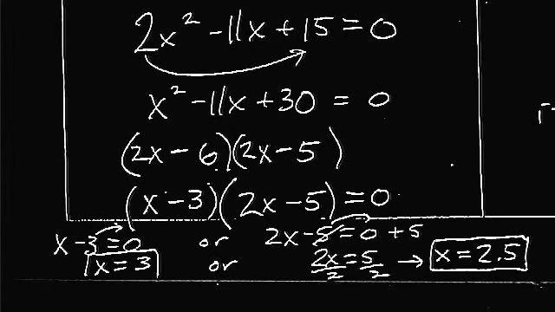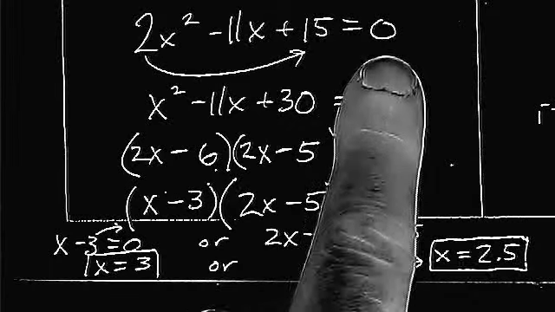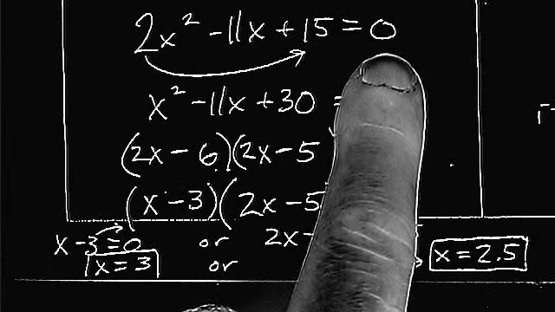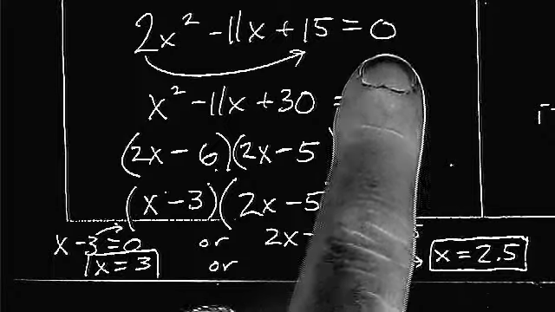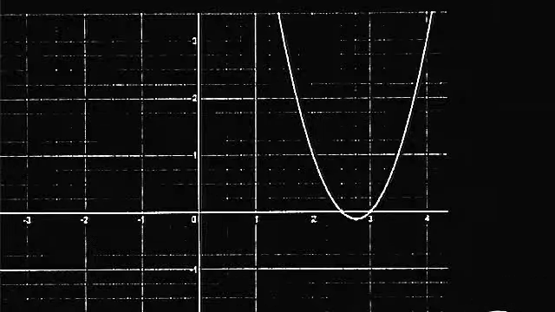Now, once again, I'm going to take you over to the parabola and show you the connection between these two things. We have a parabola set equal to 0, so that sounds an awful lot like we're going to be finding the x-intercept, or the zeros of the function. So here's the equation. Here is my graph of that equation.